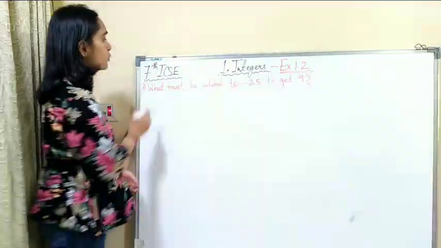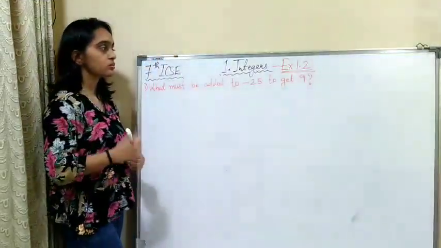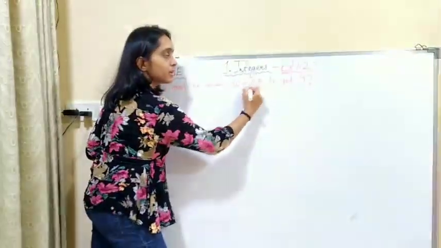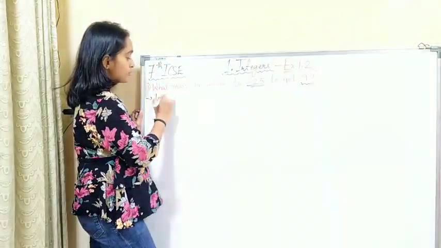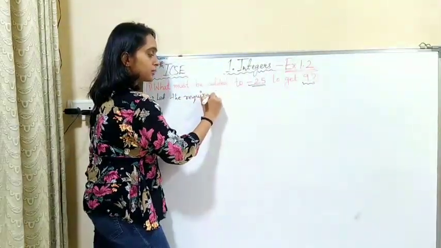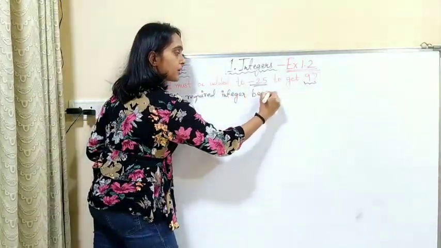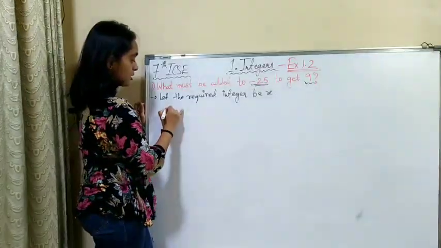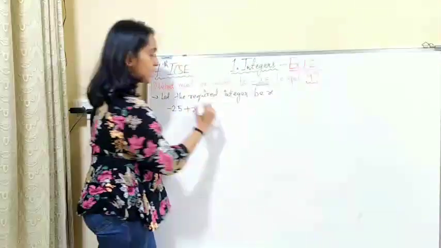The first question is, what must be added to minus 25 to get 9? So we have to find the integer whose addition with minus 25 gives you 9 as the answer. Let the required integer be x. Then minus 25 plus x gives you 9.